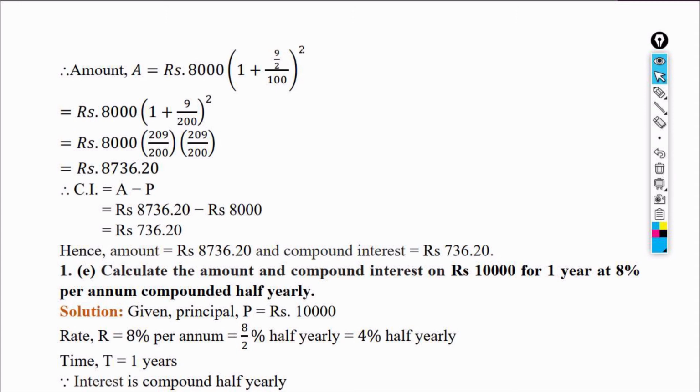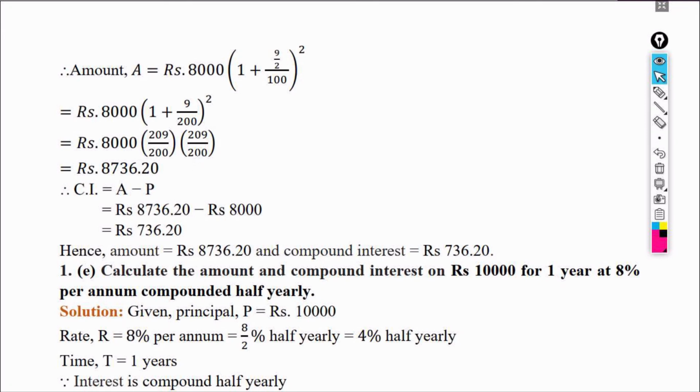Here the rate is 9 by 2, you have seen. Now this 9 by 2 means 9 by 200. I have shown how it is in question number 1A. Then simplify it.